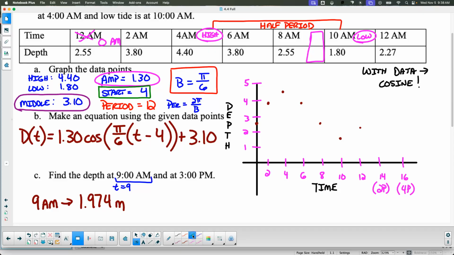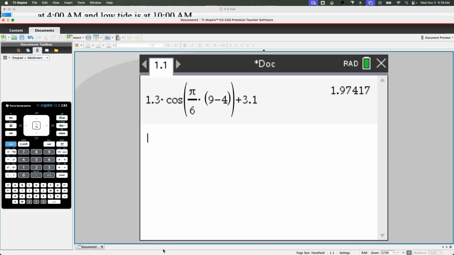For 3 p.m., what are we going to put in our function? T here is now 15, because 3 p.m. would be right here, which would be 15 on our scale. Now, the nice thing about the calculators is you can go up and highlight it, hit enter, and it pulls it right back down.